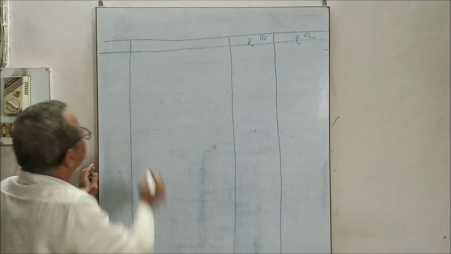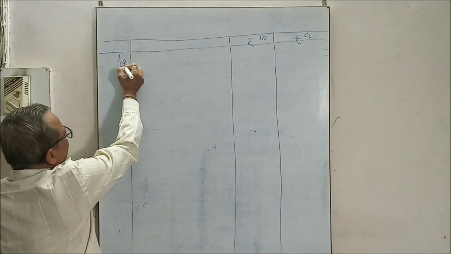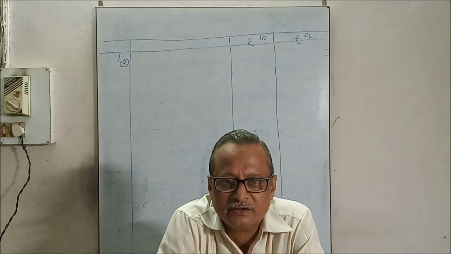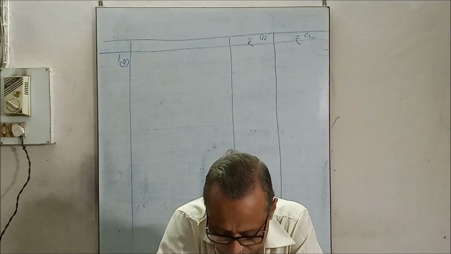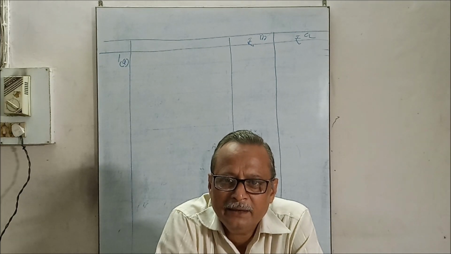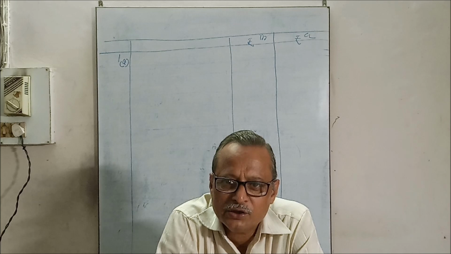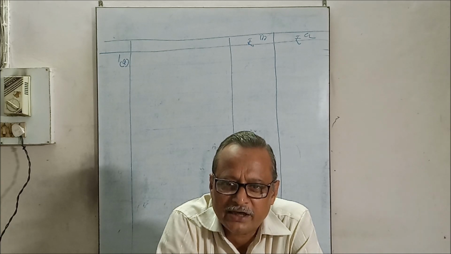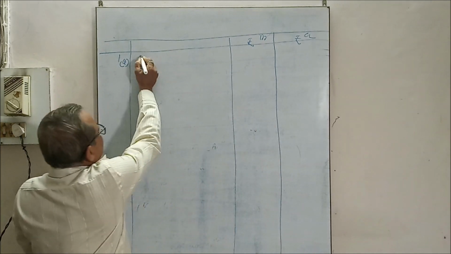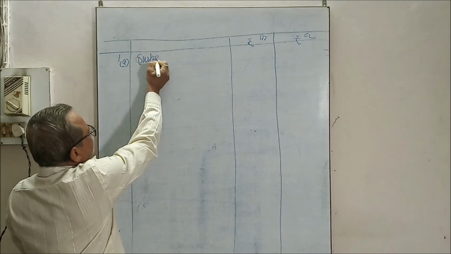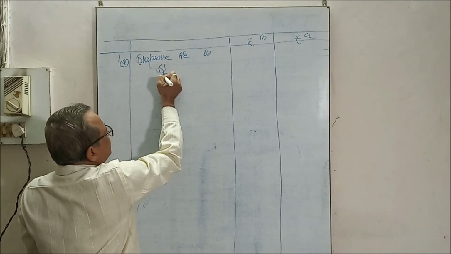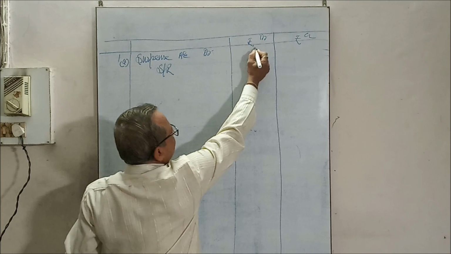Number one, A: the total of the sales return book was overcast. It is an error of casting by 100. The sales return book is always debited. It was overcast, so to rectify that, sales return should be credited. That is, suspense account debit to sales return 100.